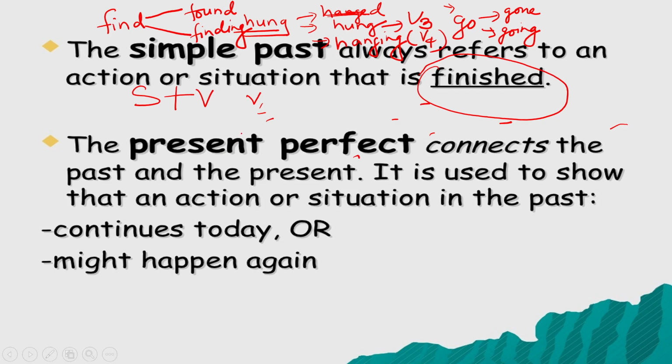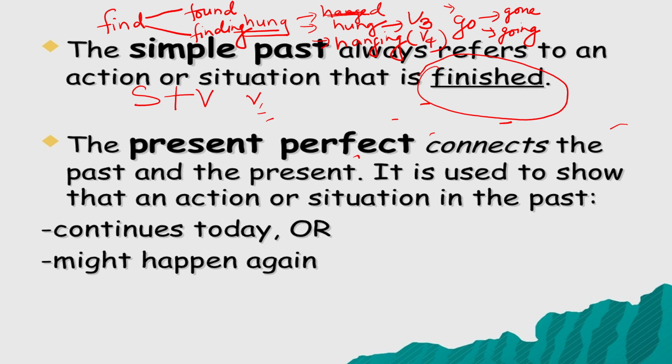So what is the very basic difference between past simple and present perfect? The very basic difference is that past simple is used to refer to any action that is finished, done or over, and present perfect is used to refer to any action that began already in the past and is still true in some sense, or still continuing, or still has some impact at the present moment.